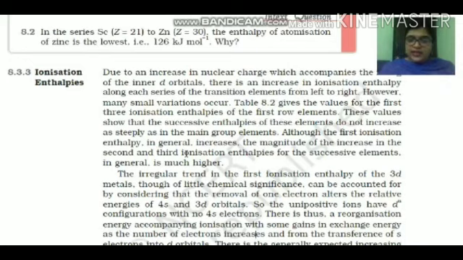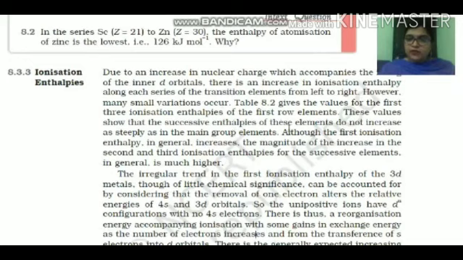Now you can see, although the first ionization enthalpy in general increases, the magnitude of increase in second and third ionization enthalpy is different. When the first electron is removed, it is the first ionization enthalpy, then successively the second and third ionization enthalpy.